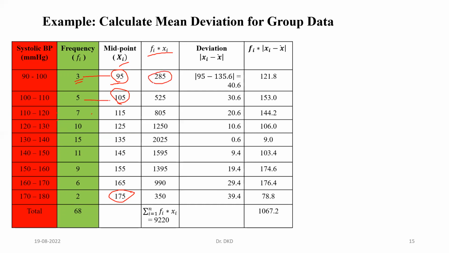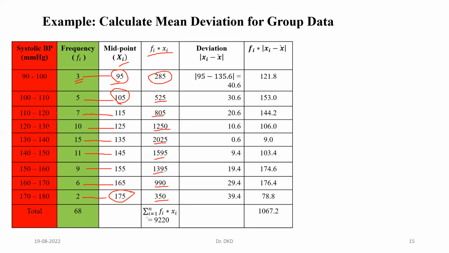Same way, 5 multiplied by 105 gives 525, and 7 multiplied by 115 gives this value. 10 multiplied by 125 gives 1250. 15 multiplied by 135 gives this value. 11 multiplied by this gives this value, 9 multiplied by 115 gives this value, 6 multiplied by 165 gives 990, and 2 multiplied by 175 gives 350. Then we add all the values.